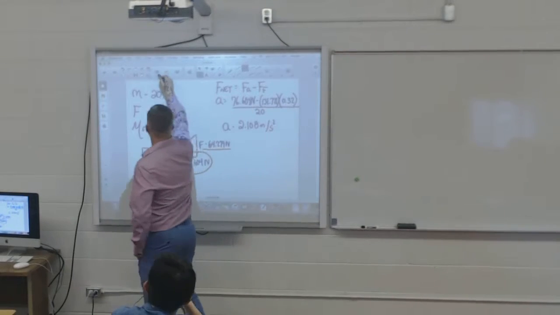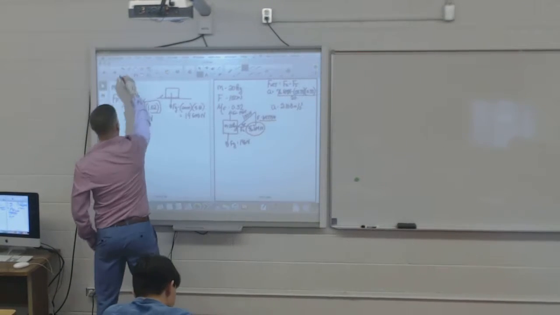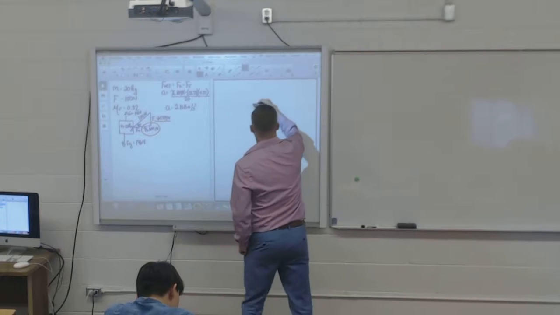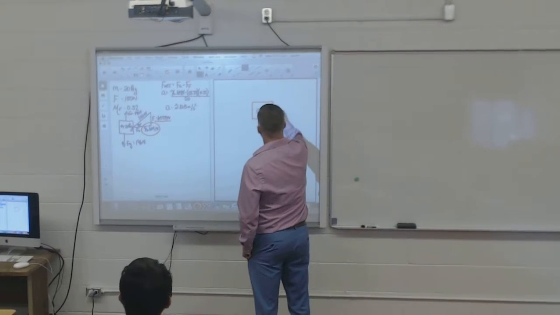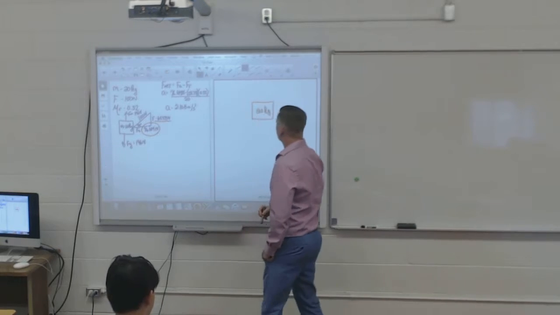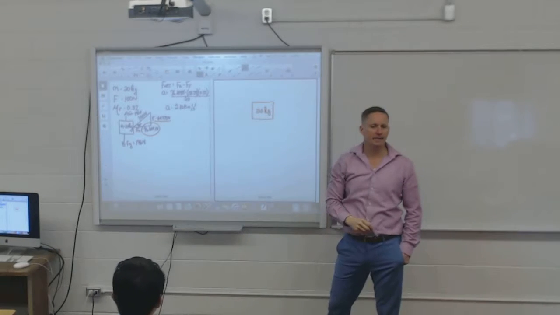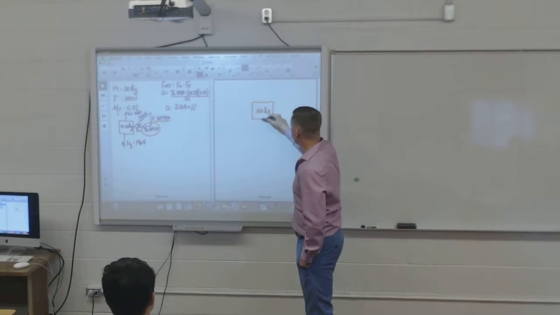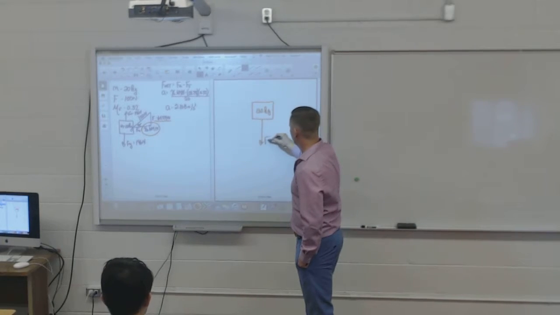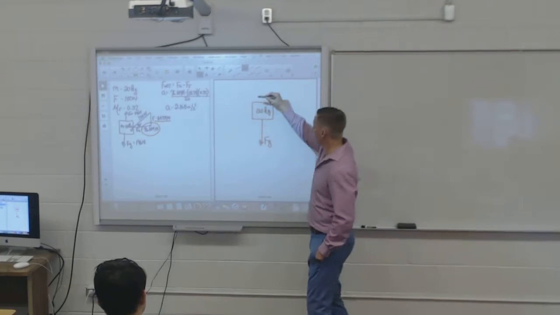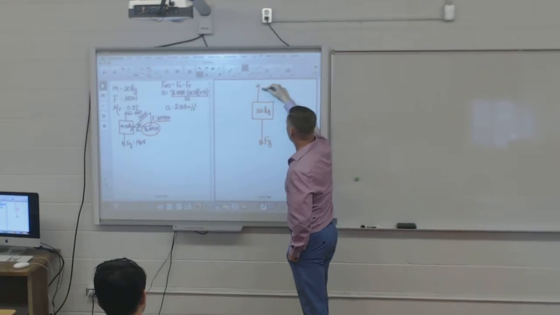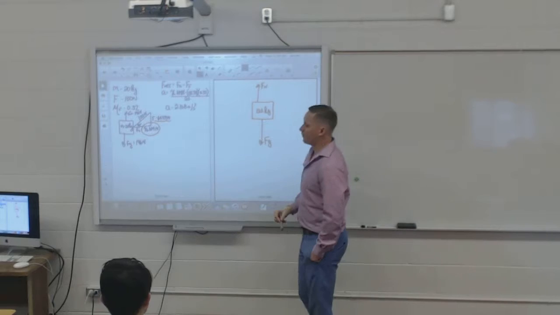So let me do this for you right now. Let's draw a diagram of what's happening here. I have my mass of 20 kg. So the forces acting on this guy are as follows. Force of gravity. Force normal.